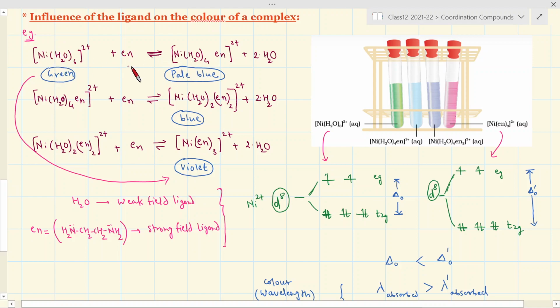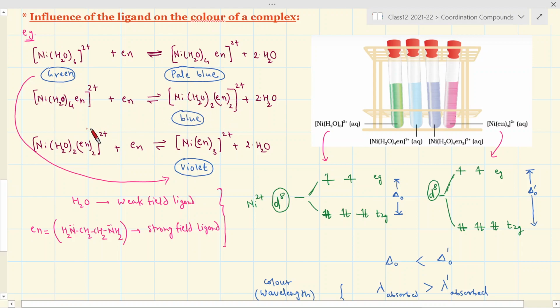And here we see, when we do the first displacement, that means we replace two water molecules with one ethylenediamine, we get this complex compound here, and the color of this complex compound is now pale blue. From this, if we replace two more water molecules by one more ethylenediamine, we get this complex compound, and we have the color of the complex compound changing from pale blue now to darker blue.